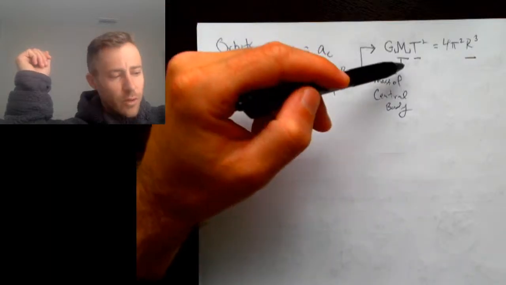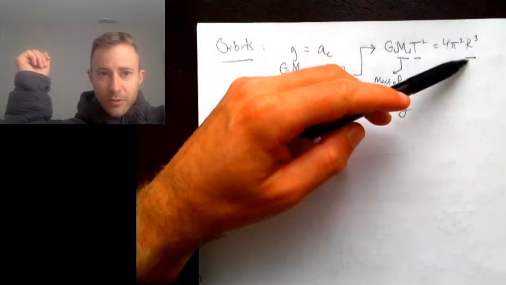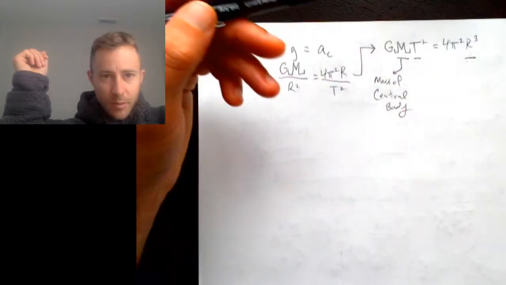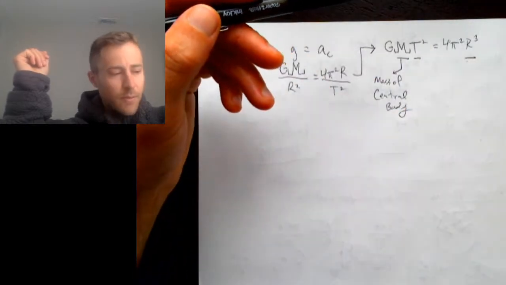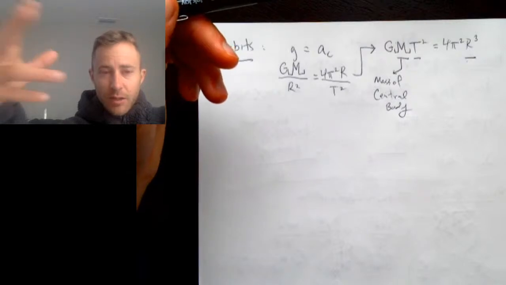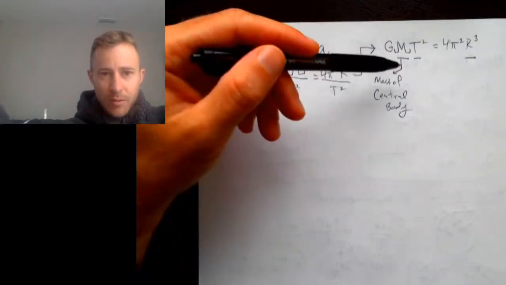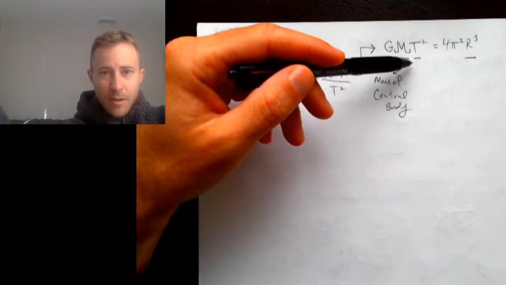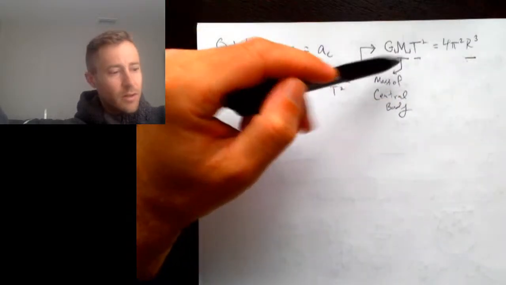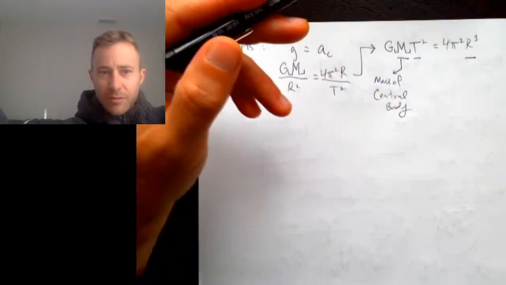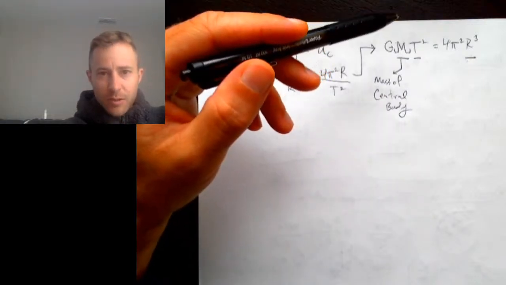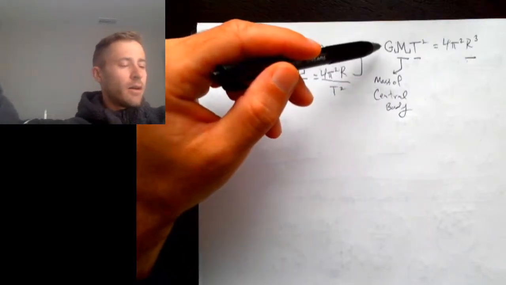So if we knew the mass of the central body and the radius, we could predict the period of the orbit. Okay? If we wanted to put a satellite into an orbit with a given period, this equation would allow us to calculate what is the radius of that orbit, or what does the altitude have to be, and so on.